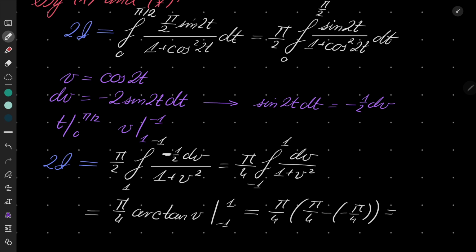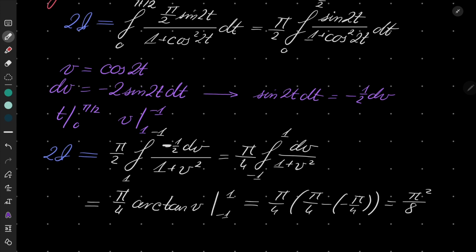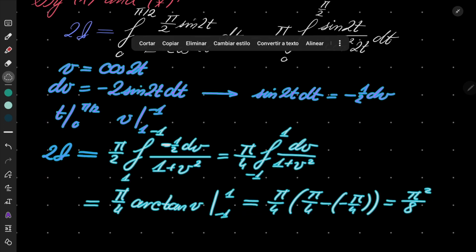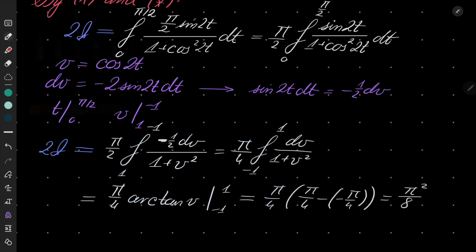So that is pi over 2. Pi over 4 times pi over 2 is pi squared over 8. And that was twice our integral, which means that I, which was our integral, equals pi squared over 16.